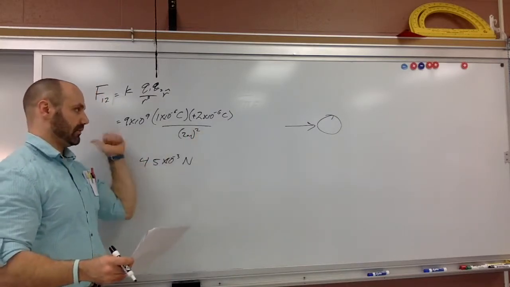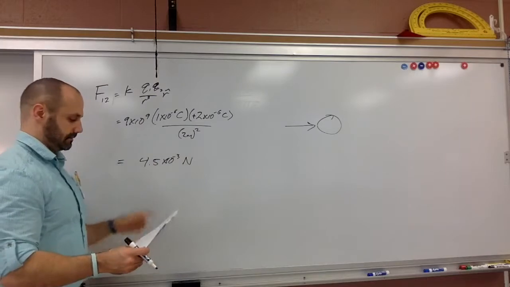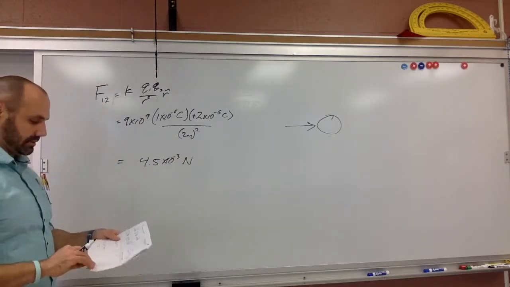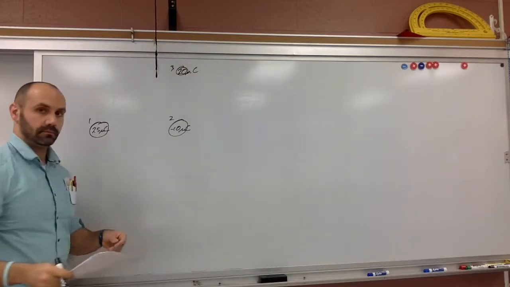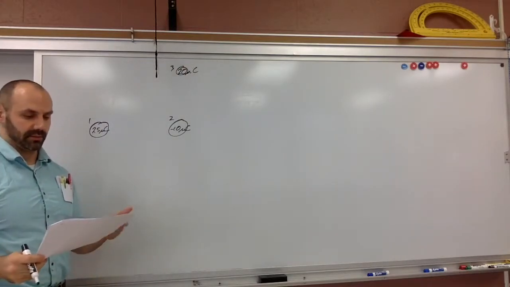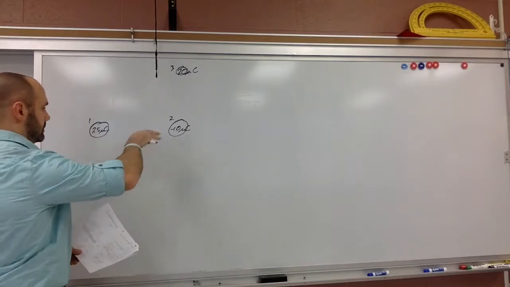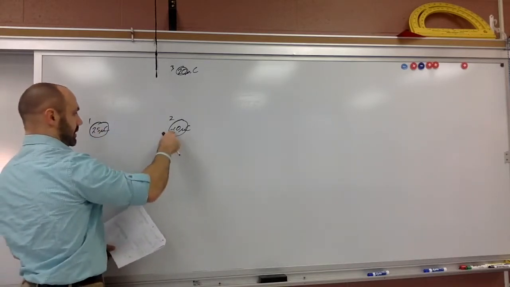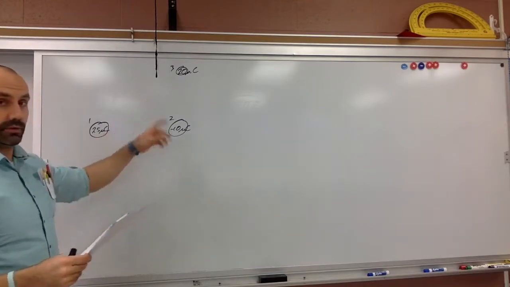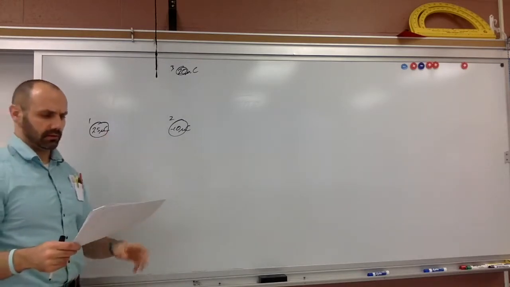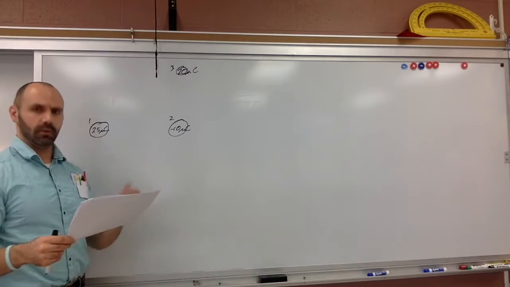So that's away from charge 2, and that's the force on 1 by 2. Okay, so for this problem, example 3, you can see we have 2 positive charges and a negative charge. I want to know the net force on Q1 due to 2 and 3. Let's just do a little quick work here and see what we can expect.